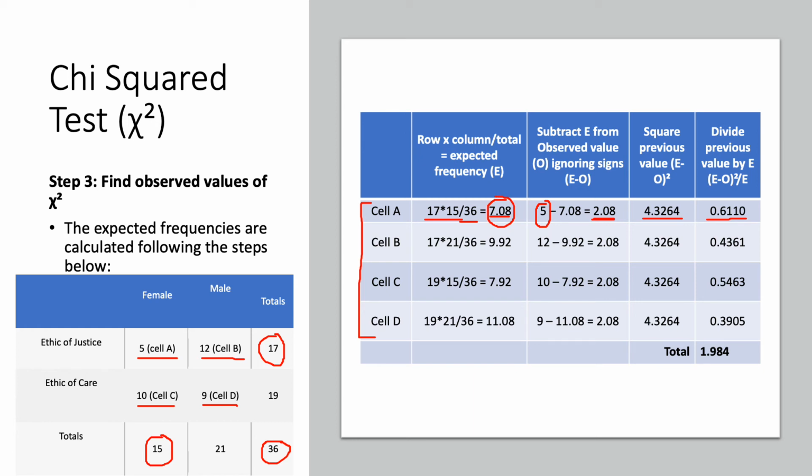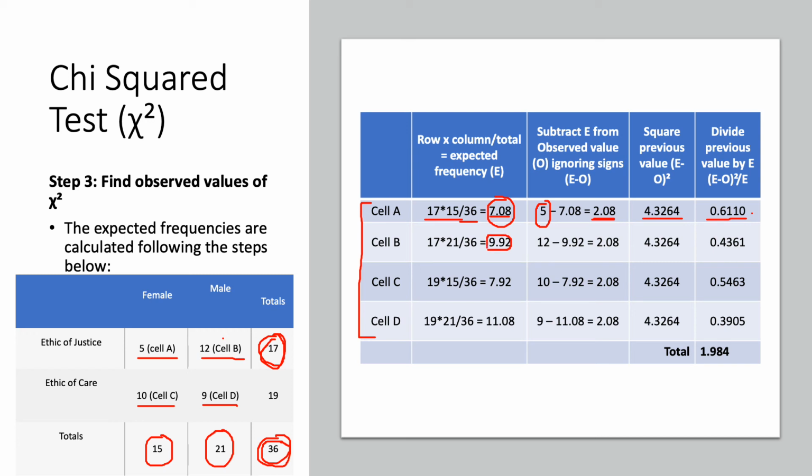And then we square this number, 2.08, to get 4.3264. And once we've got this value, then all we do is we divide it by E again. In this case, E is 7.08. So that gives us a total of 0.6110.